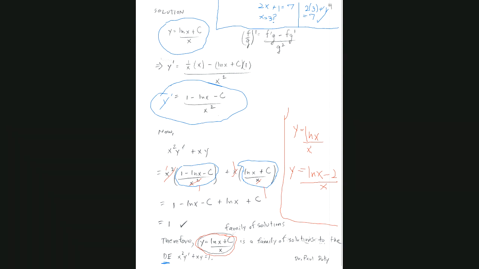Why is the log of x minus 2 over x a member of the family of solutions? What value of c, what constant goes with that member? C equals 2. That's right, so it's in the family.